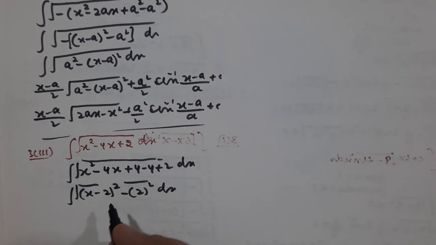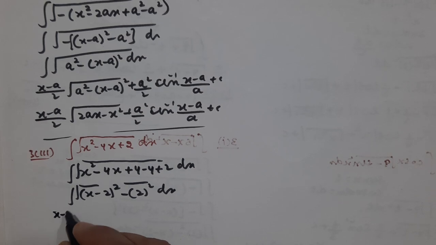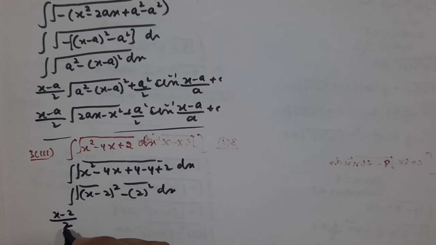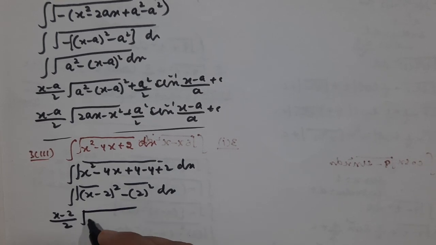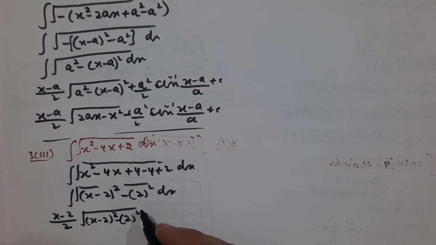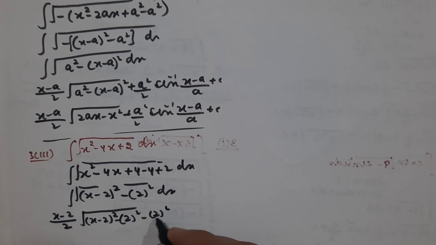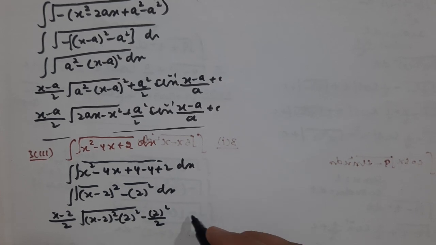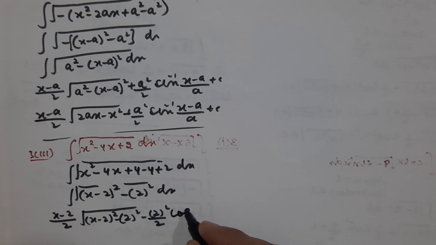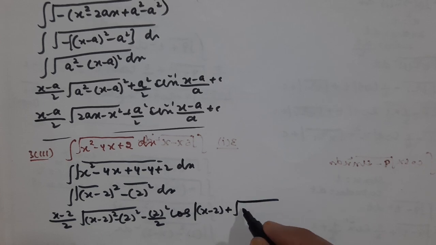So the formula is x upon 2 under root x square minus a square, minus a square upon 2 log x plus under root x square minus a square.